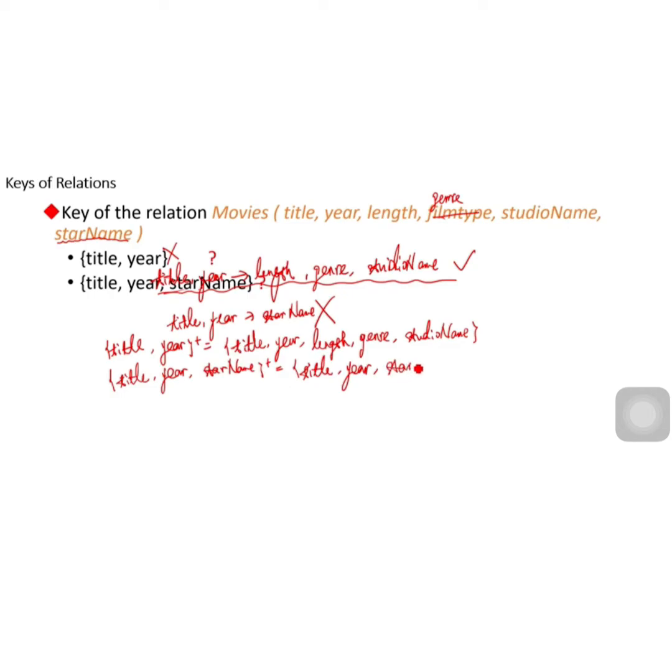And then because title year functionally determines genre, length, studio name, length, genre and studio name are included. Then we find the closure of title, year, star name is the set of all attributes. So title, year, star name is a superkey.